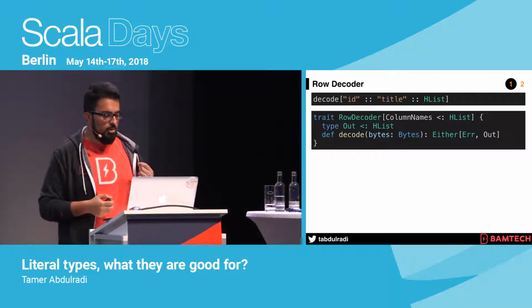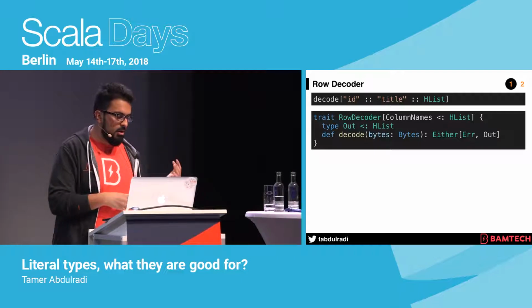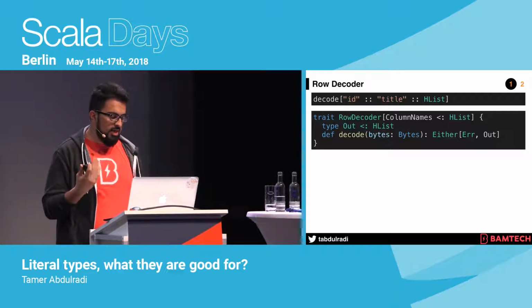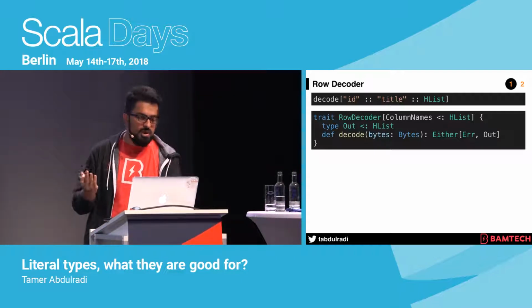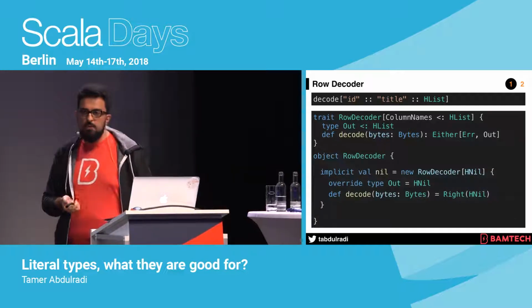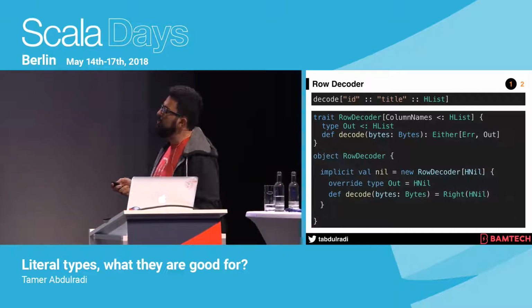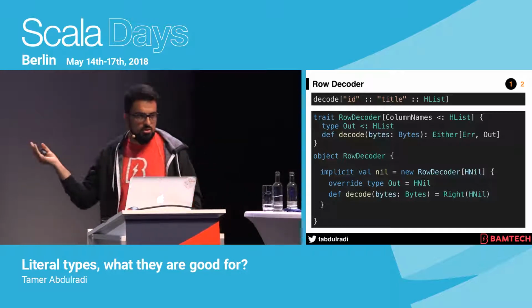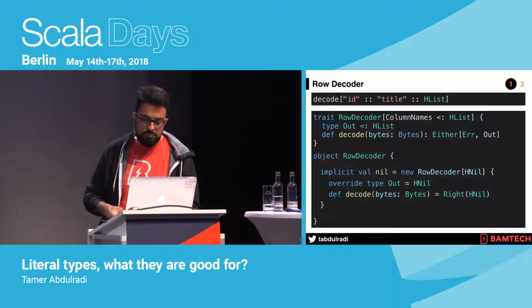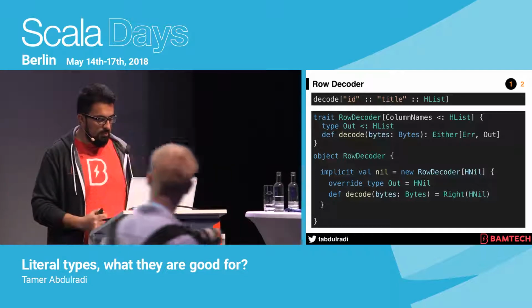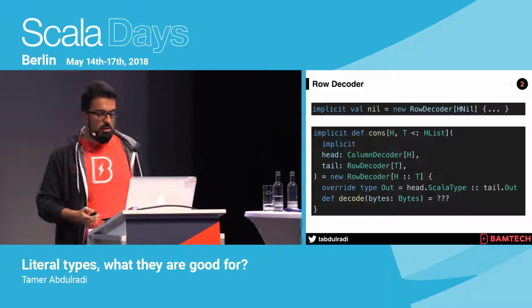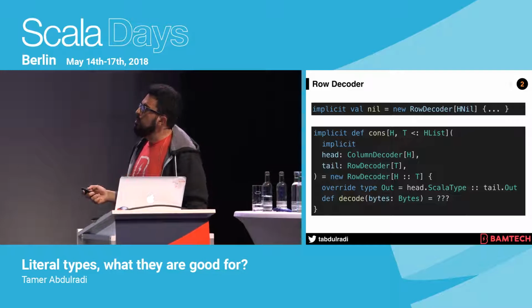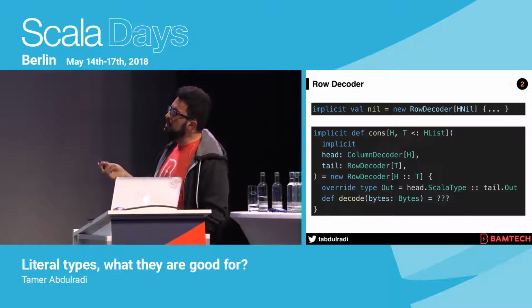The instances for this type class are going to be very similar to how you do recursion. In recursion, you normally think first of the base case. The base case here is: what if the input is empty. If the HList is just empty, there's no decode logic to write, just return an empty HList. But if it's not empty, you do something on the head and something on the tail.